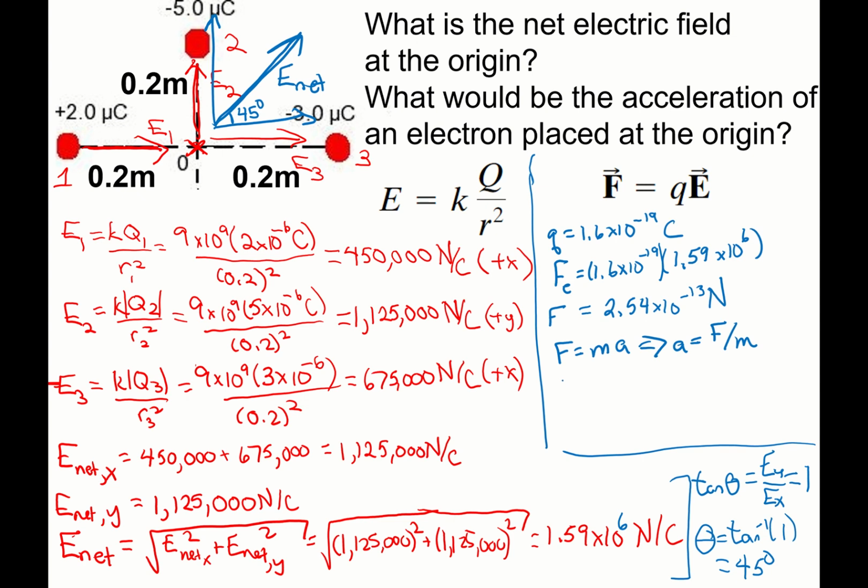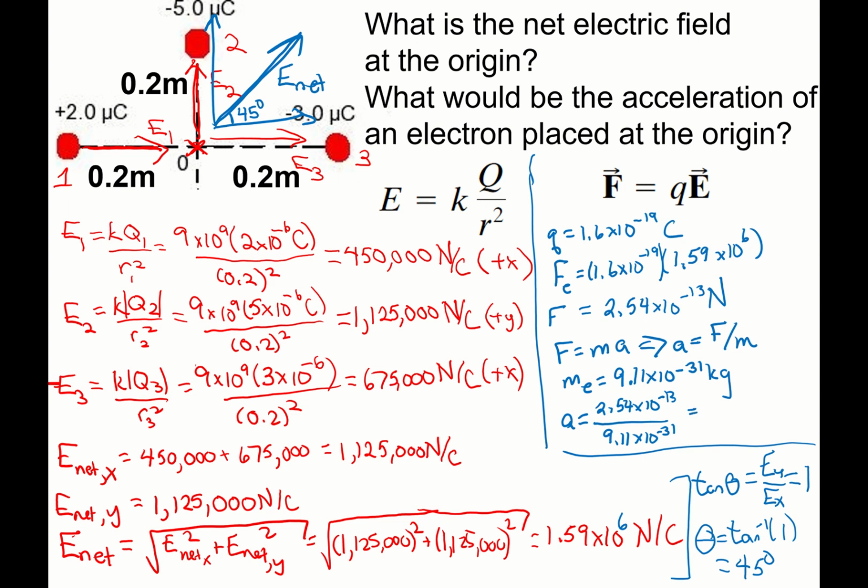So we have to again go ask Mr. Google, what's the mass of an electron? The mass of an electron is 9.11 times 10 to the minus 31 kilograms. So the acceleration is F over m, 2.54 times 10 to the minus 13 over 9.11 times 10 to the minus 31.